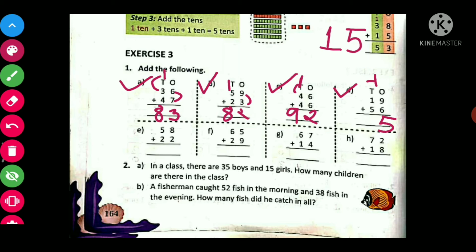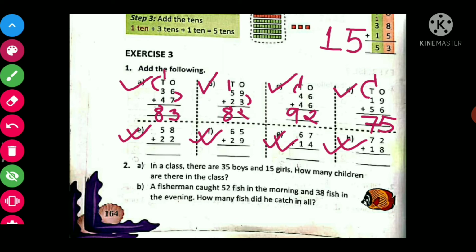So we'll add these two first. 1 plus 1, it will be how much? 2. 2 plus 5, it will be 7. Right? So like this only you have to do. You have to add these numbers.